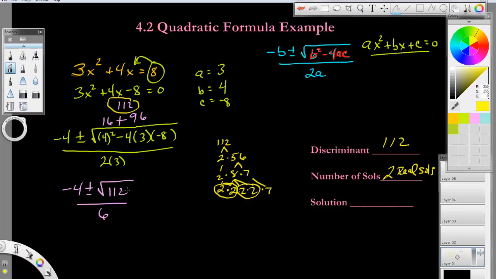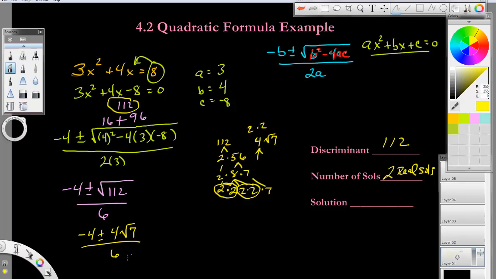So the square root of 112 is going to become 4 radical 7, because that's 2 times 2. Each one of these circled pairs makes a real 2. That is 2 times 2. And if you have more than one, you multiply it and stick it right there. Okay? So this is going to be negative 4 plus or minus 4 radical 7 all over 6.